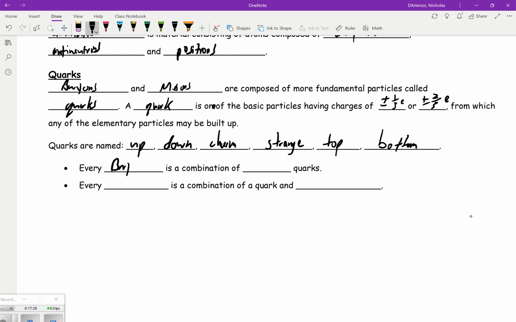So every baryon is a combination of 3 quarks. And every meson is a combination of a quark and antiquark.